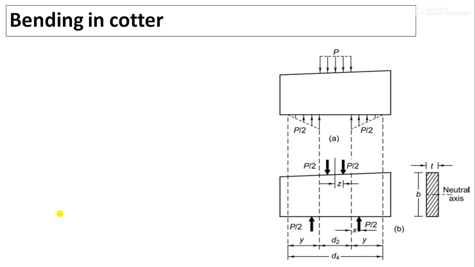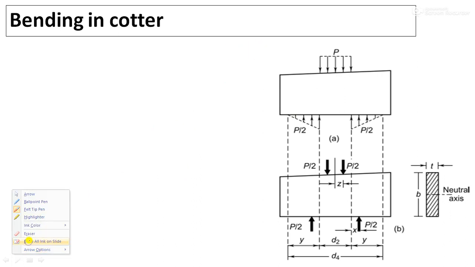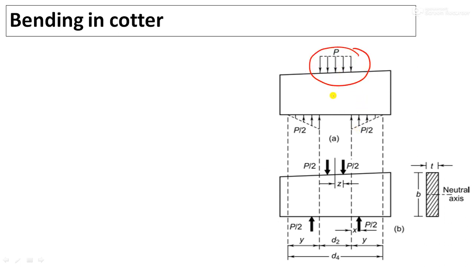Now this is your Cotter. I have placed it horizontally for doing some strength of material analysis. Now the loading is assumed to be uniform in the spigot portion. Uniform in the spigot portion means this portion in between, where there is a spigot.